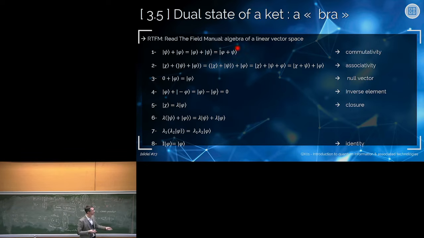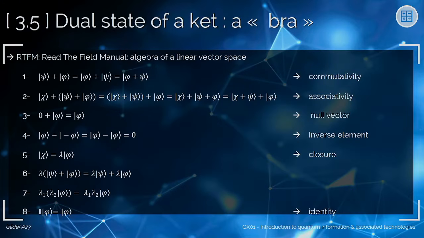I can write it like this as well. This is sometimes a notation that we can see. We put them inside the ket because it's the same object. I have associativity, so chi plus psi plus phi equals chi plus phi plus psi, and so on, all the same way that you can do with vectors.